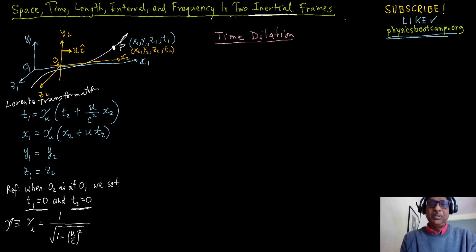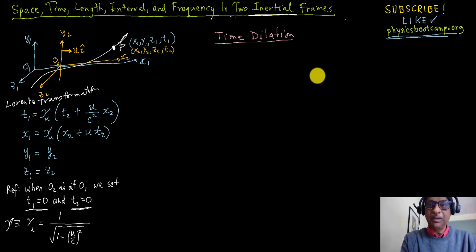Now we're going to look at a time interval in one frame versus what happens in the other frame. These are the times related, right? But we're going to look at time interval. And what do I mean by time interval? Time interval means I am at this point. Let's actually use the same ink as over there.